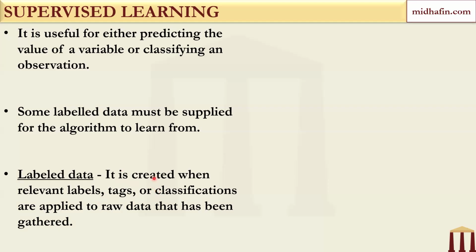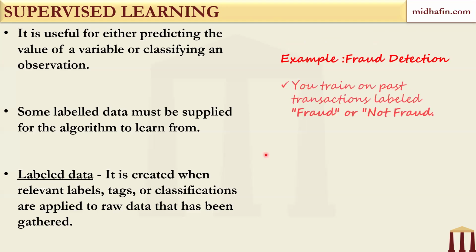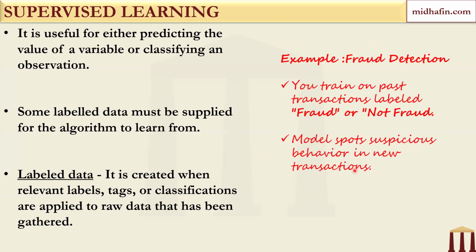If you have a data set of, let's say, different transactions from the past, then you can label every single transaction as fraudulent or non-fraudulent, fraud or not fraud. This is how the model will know how to learn. So again, we can take that example of fraud detection. You train the model on past transactions labeled as fraud or not fraud. Then once the model is trained, you look at new transactions and decide if they look suspicious or not.